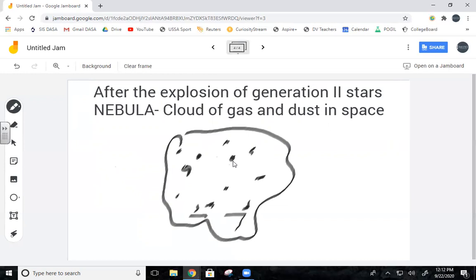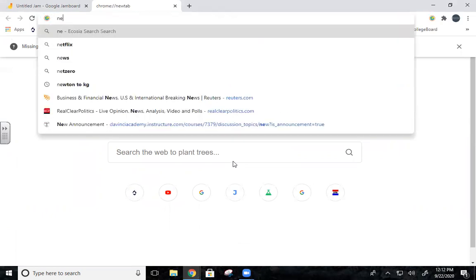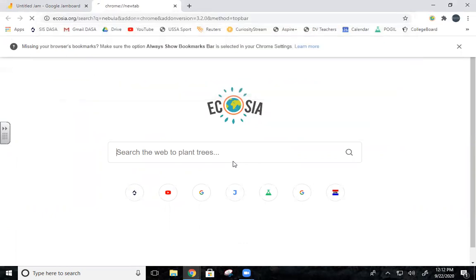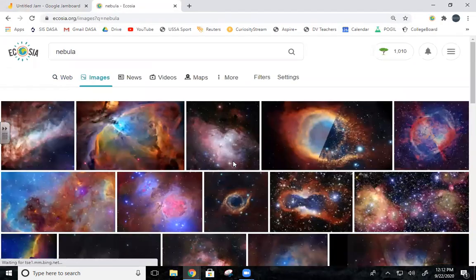Looking out into space, if you get a telescope and you look at a nebula, it really does just look like this. Nebula.